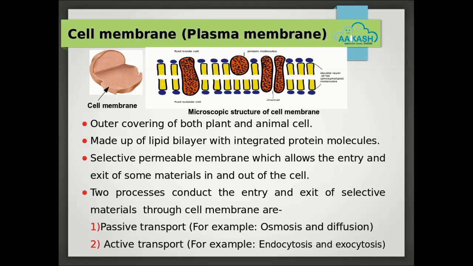The movement of materials across the plasma membrane is by two processes, namely passive transport without any expense of energy by the process of osmosis and diffusion, and second, active transport by using energy. For example, endocytosis and exocytosis. Cell membrane protects the cell from outer surroundings.